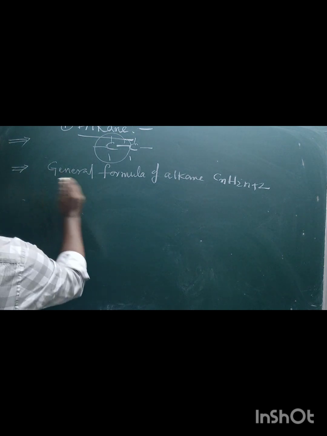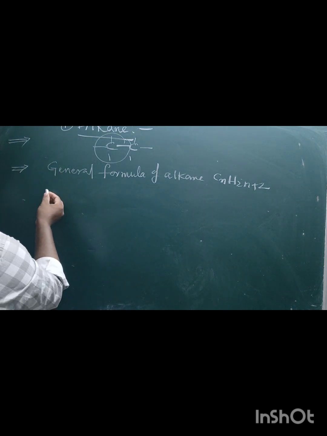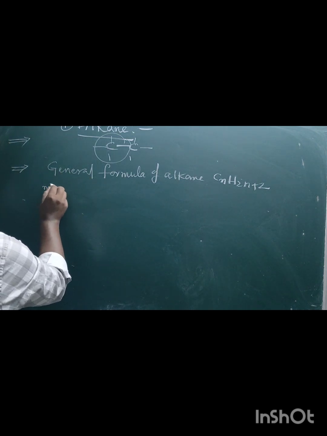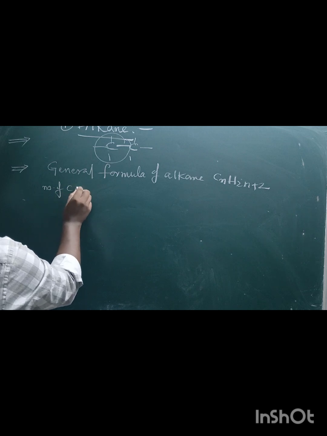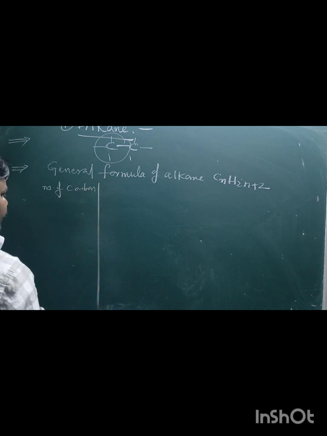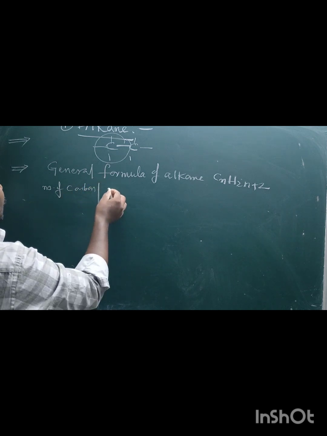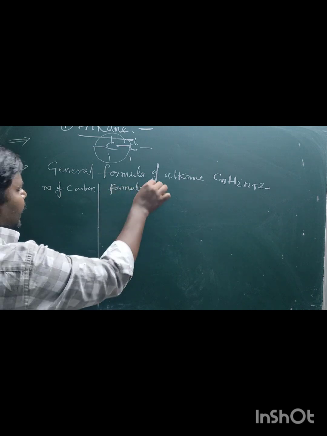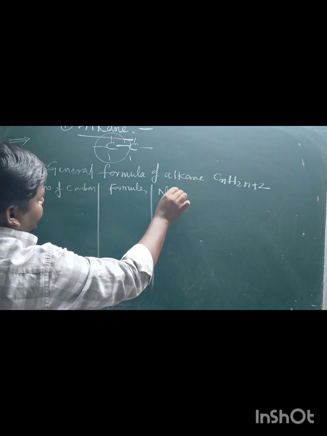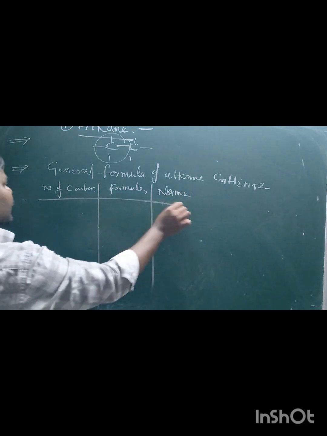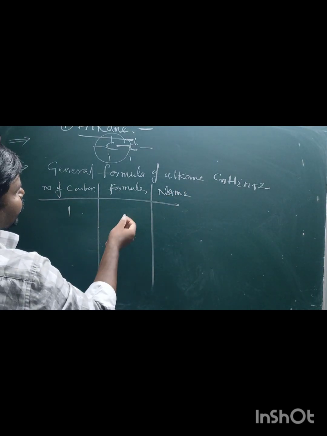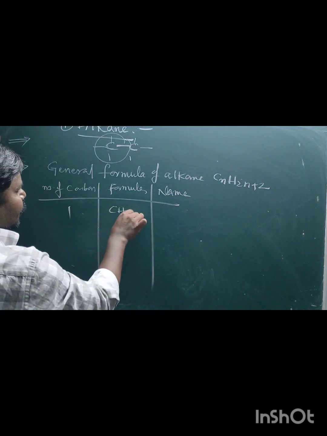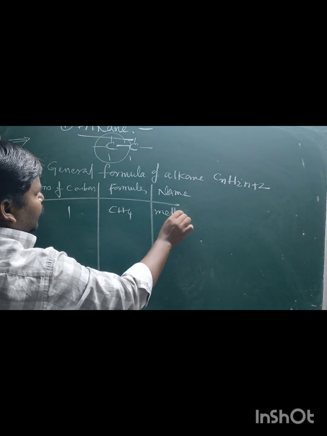Here you can observe the number of carbon atoms, formula and name of the compound. If the number of carbon atoms is 1, the formula is CH4. What is the name of this compound?